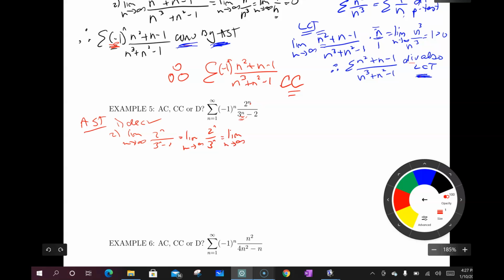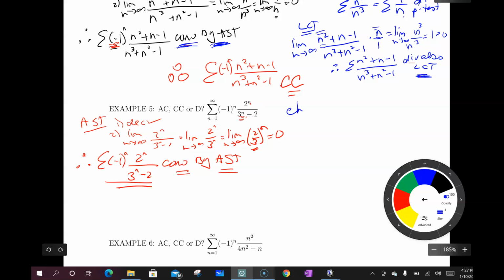Good old limit things again, 2/3 to the nth power, that number k, remember that k limit? Since that number is less than 1, this limit is 0. Okay, so what I get is therefore this converges by AST.